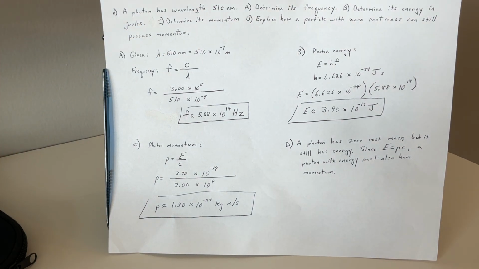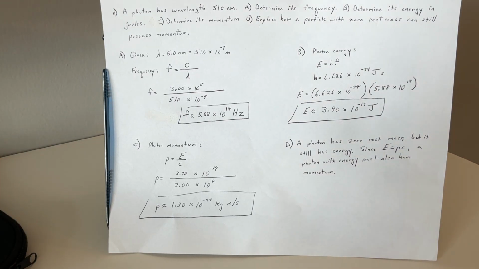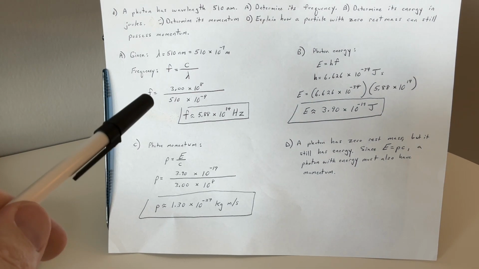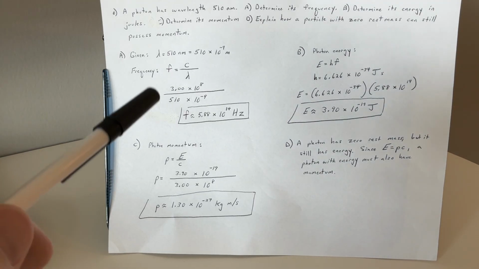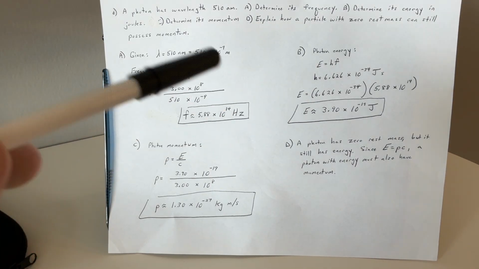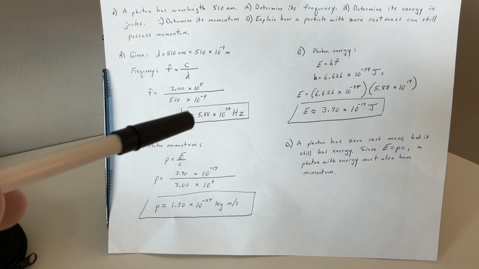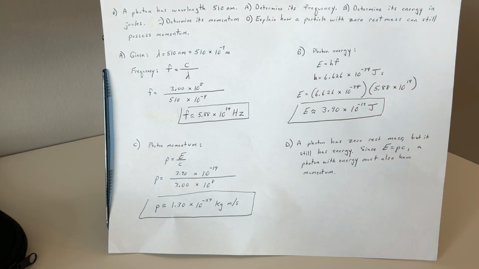That's 510 times 10 to the negative 9 meters. Our frequency formula is frequency equals the speed of light divided by the wavelength. So F equals 3.00 times 10 to the 8th over 510 times 10 to the negative 9th. That's going to be in hertz at the end. And F is approximately 5.88 times 10 to the 14 hertz.